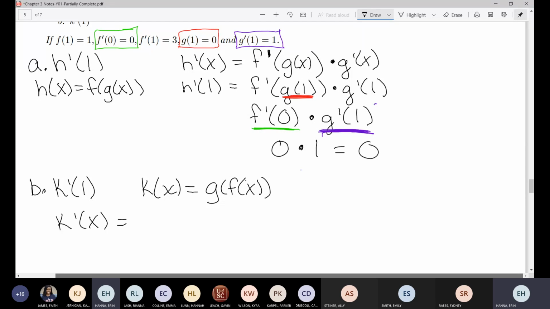Now this is where it gets the tiniest bit trickier because it doesn't follow 100% exactly the chain rule because the letters are now in the opposite order, if you will. So our chain rule says derivative of the outside, which in this case is g prime, leave the inside, which in this case is f of x, times the derivative of the inside.